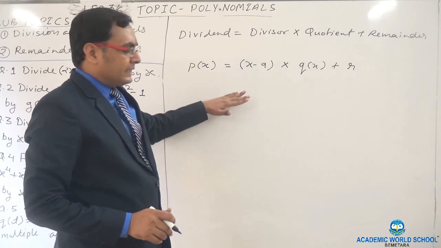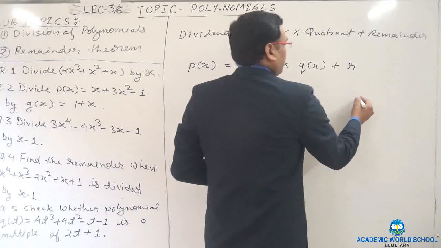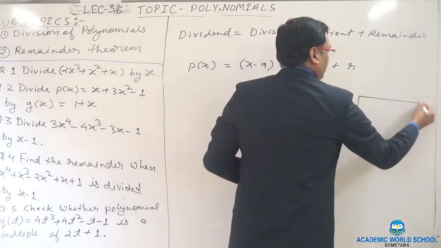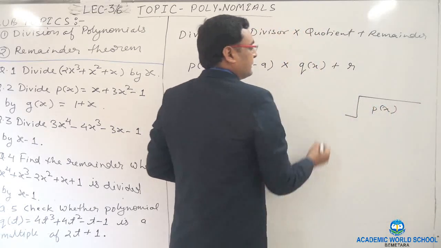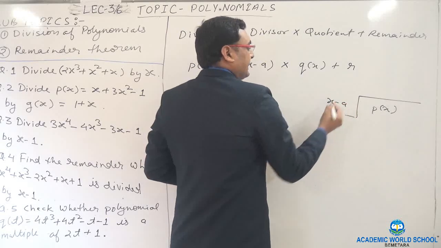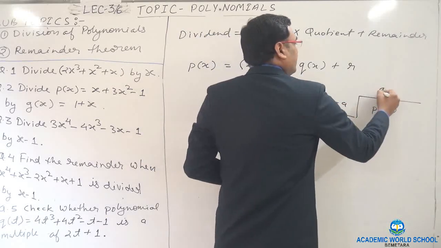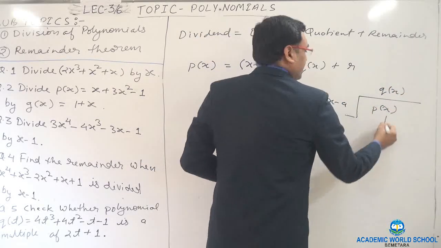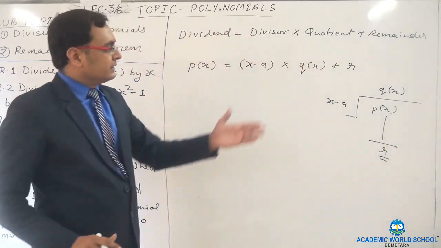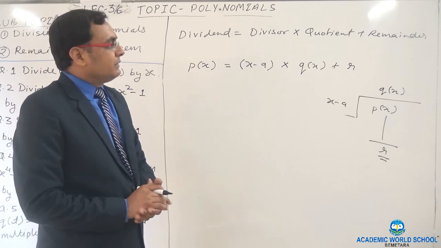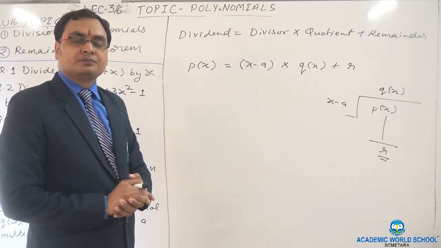Now I can explain this in this manner. When we are dividing this polynomial px by a linear polynomial x minus a, we will get a quotient qx and we will get a remainder r. This is our simple arrangement of these terms.